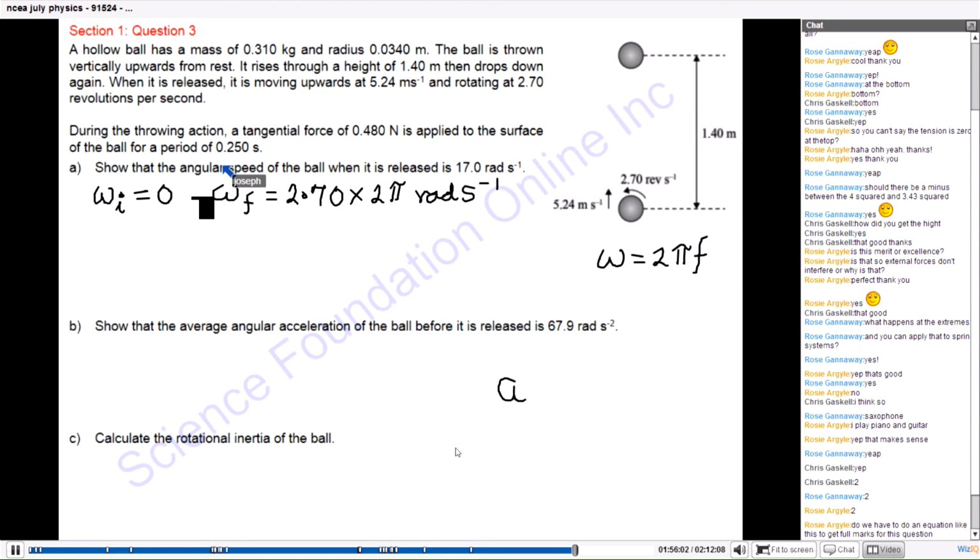This is the angular speed they wanted. So what is our final angular speed going to be?